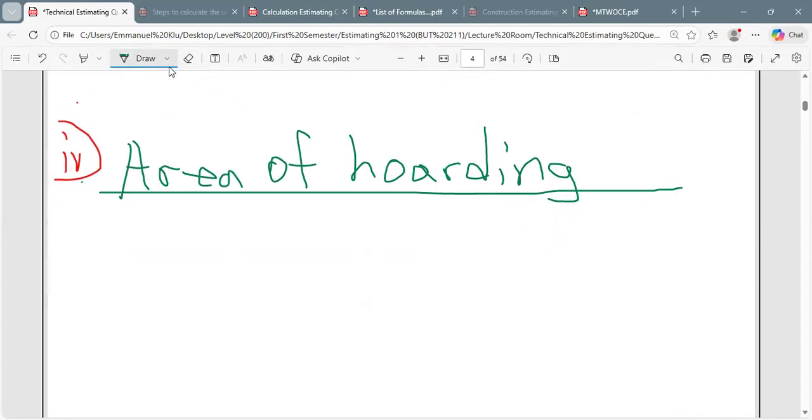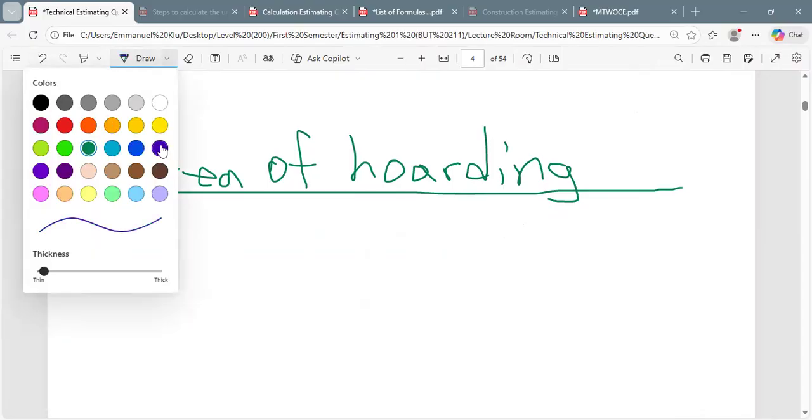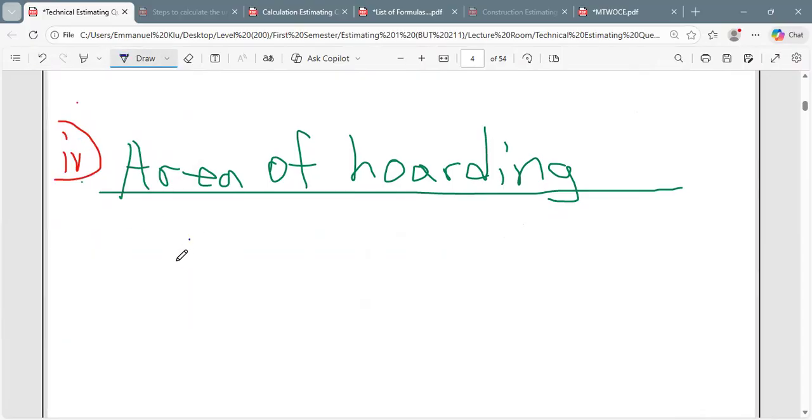Okay. So our area of hoarding, as we all know, is equal to perimeter times height. You see, the area of hoarding is equal to the perimeter times height.